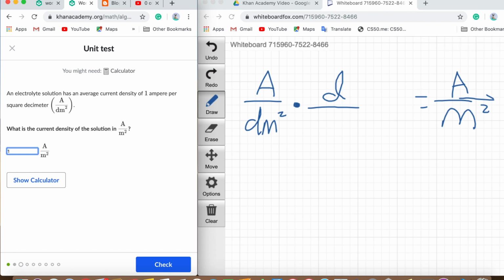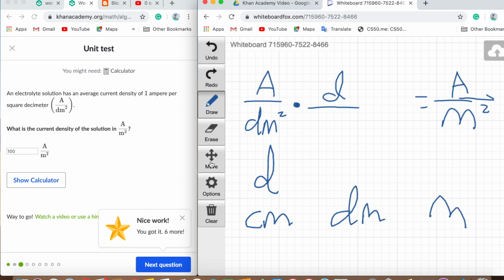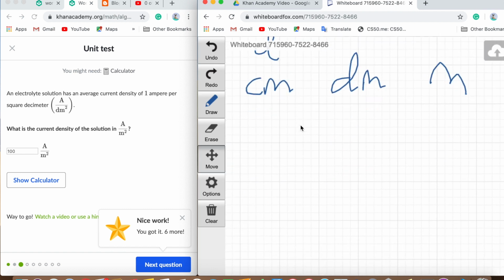One. Oh, okay, I get this. So it should be 100. The reason it's 100 is because if you really know the metric system, we got Cm, Dm, and then M. Okay, like they are the really popular ones besides Km.